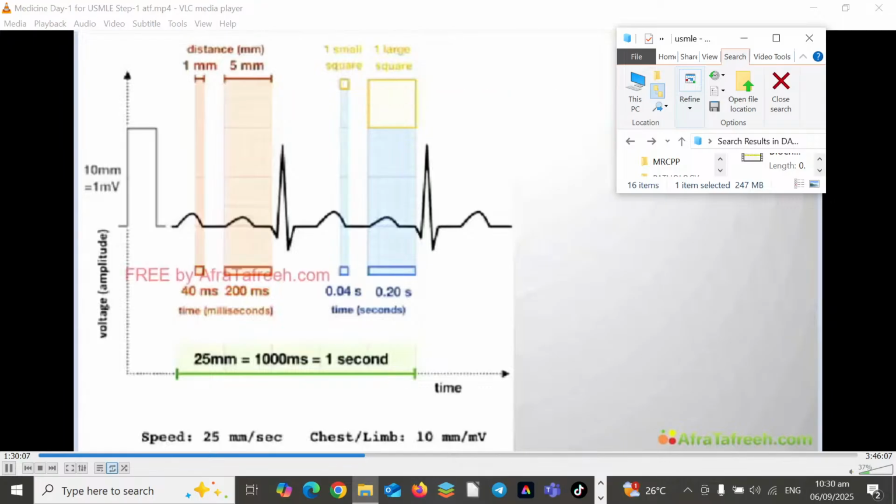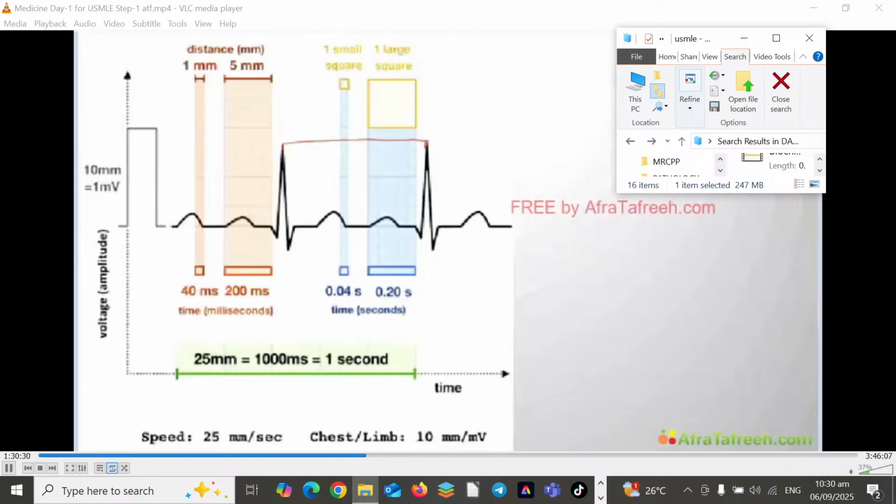This period is between 2 systoles. That means it is between 2 RR intervals. So when you talk about one pulse, that is the time between 2 RR intervals.